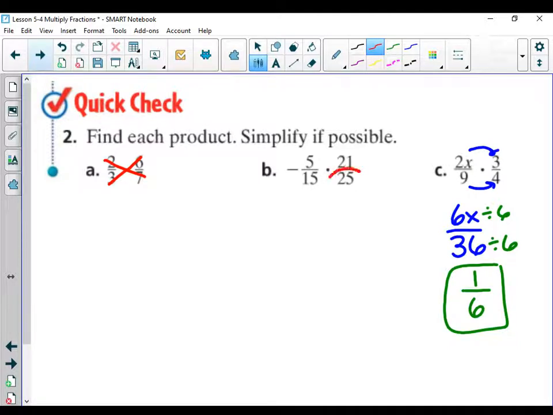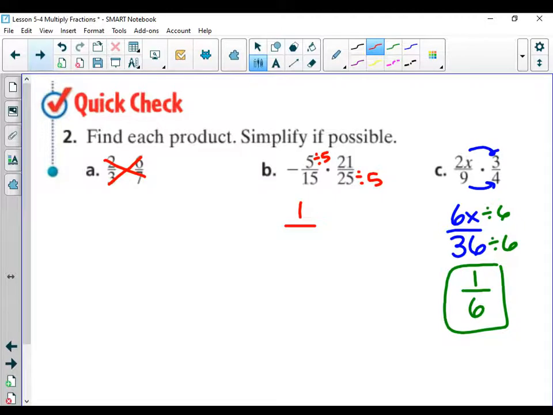Now be careful. People are tempted to simplify the 15 and the 25, but you have to pick a top and a bottom number. So you can pick 5 and 25 or 5 and 15. Either one. I think I'm going to pick 5 and 25.